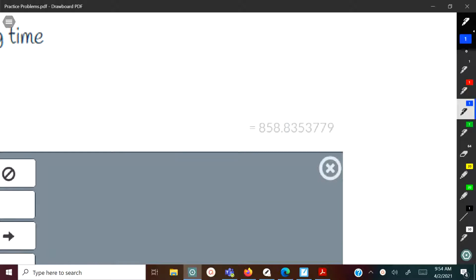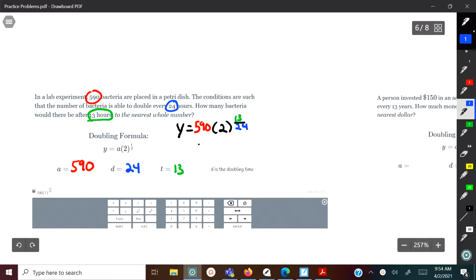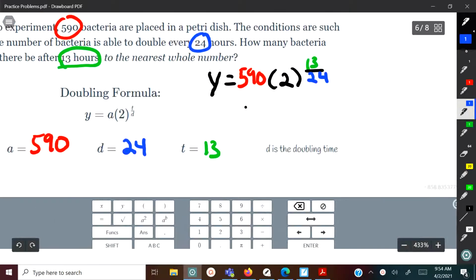And since we round to the nearest whole number, we got this 858.8. We're going to take this 8 to the right here, and since it's 5 or more, raise the score, so it's going to be 859. So our answer is close to 859.